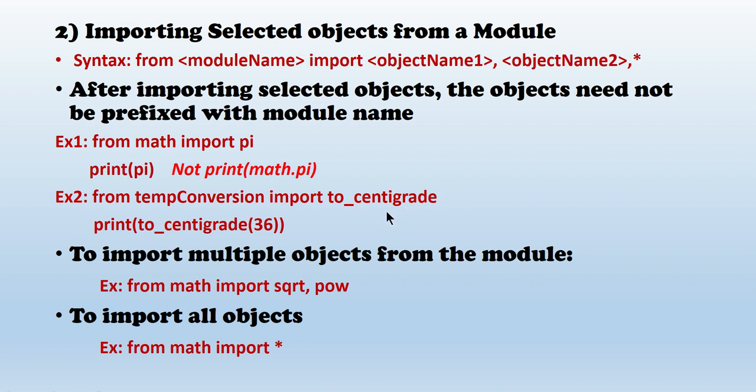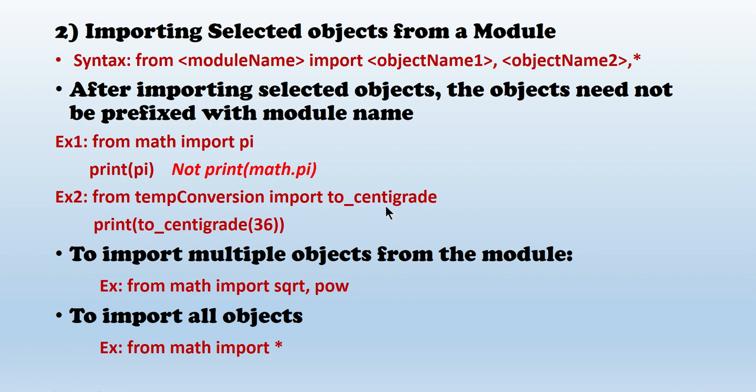Please note that even though it is a function, I'm not using open and close brackets to refer to it here. Whether it is a variable, constant or function, you just need to specify the name of the object, and not the parentheses.